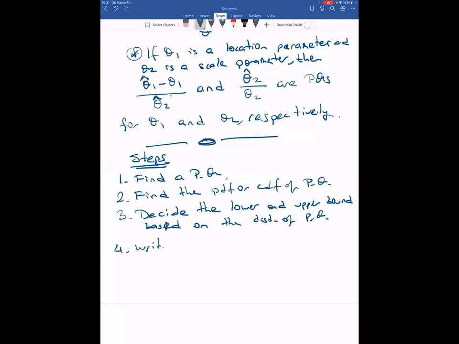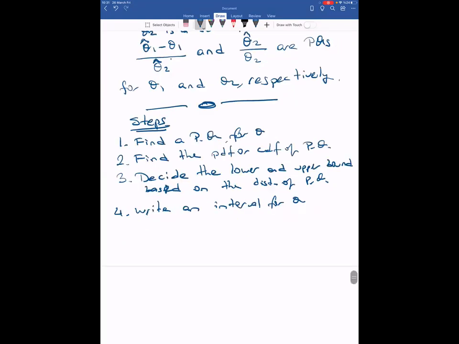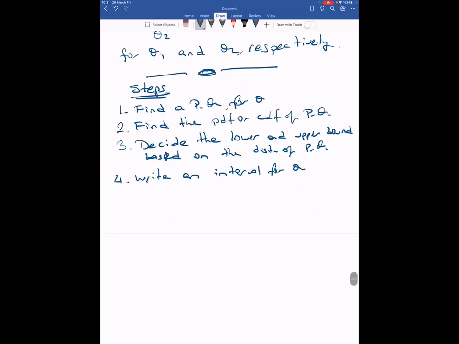Four, write an interval for theta. So these are the steps basically. So let's see how we will do that.